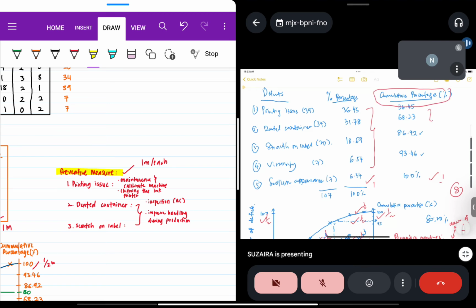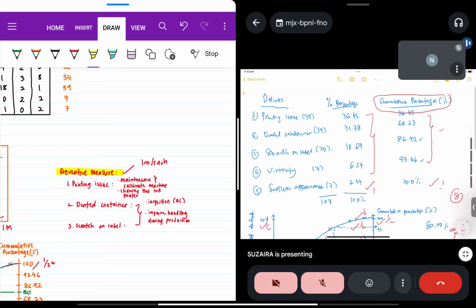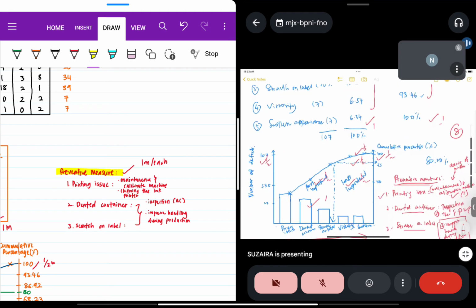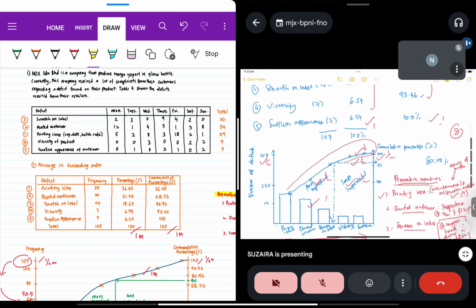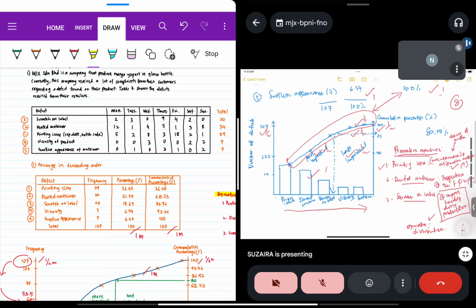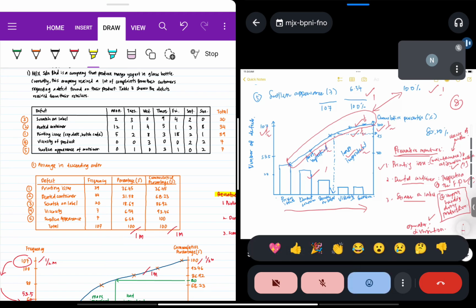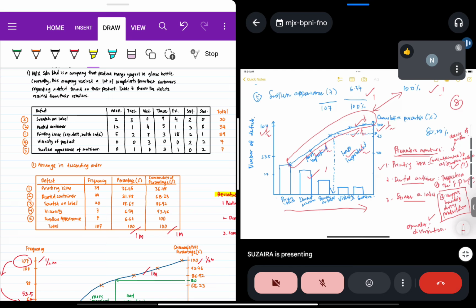With a wrong cumulative percentage, you won't get marks for this, and also you won't get marks for this graph, this line. Any question? This is how it looks if you have to answer for a Pareto diagram.